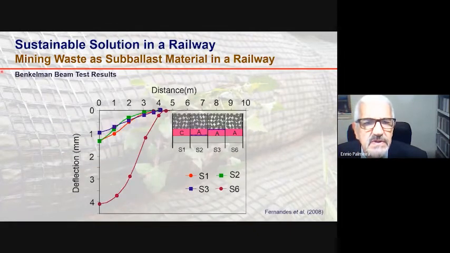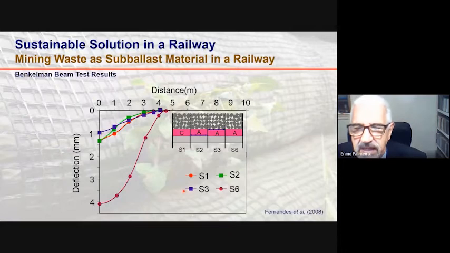So here we have some results in terms of Benkelman beam test results, where the red curve here is the result of deflection along the distance for the reference section with the conventional subballast material. And you see that the results obtained with the reinforced alternative material were very similar to that of the conventional subballast material, showing that the presence of the reinforcement improved the performance of the alternative subballast material.